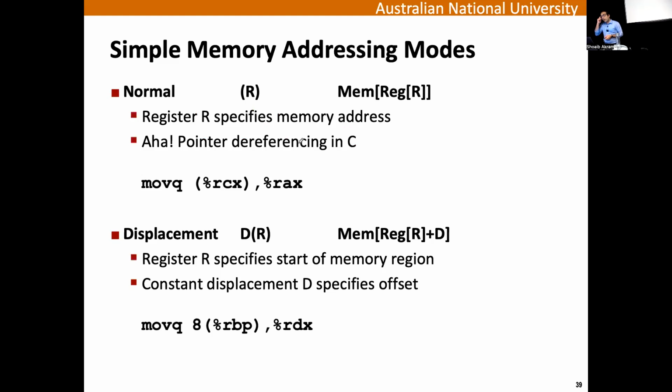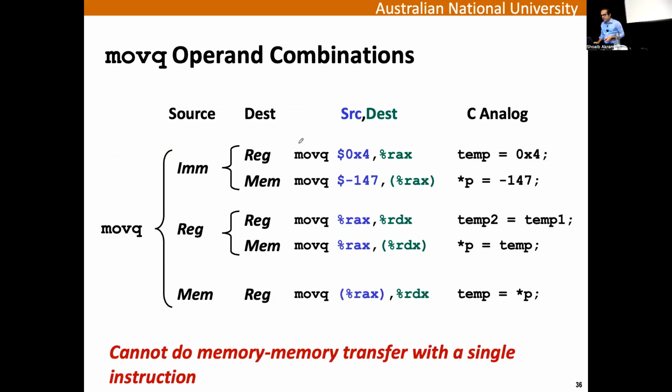So what is an addressing mode? An addressing mode is how do you treat an operand? We have already seen a couple of addressing modes. Constant, immediate, that's an addressing mode. The operand is immediately available.